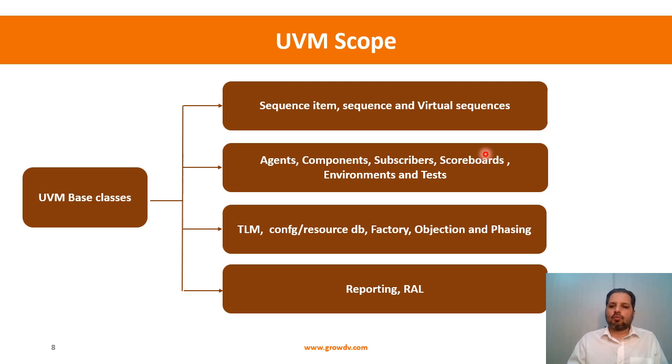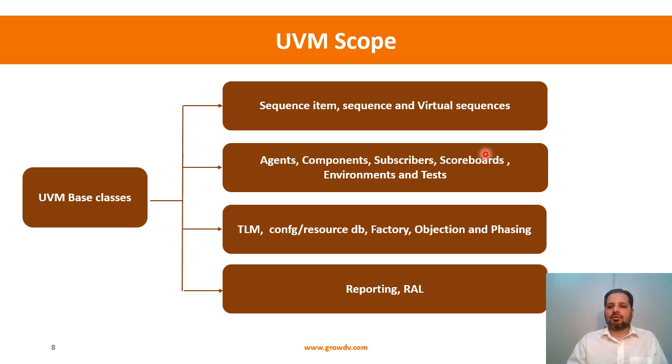Then you have scoreboards. There are some base classes that can help you ease the process of building scoreboards. And then we have the environment class. If you remember, we had a series of tasks like build, connect, run, and finish defined within the environment. This will standardize and provide that further, so there's an environment base class for that.